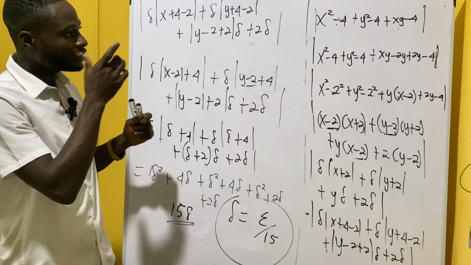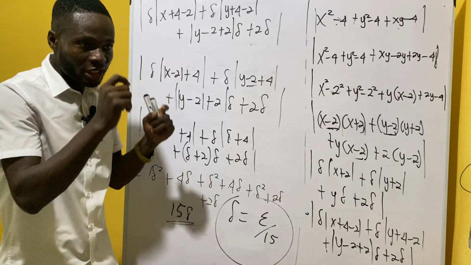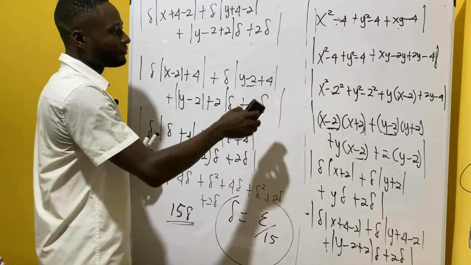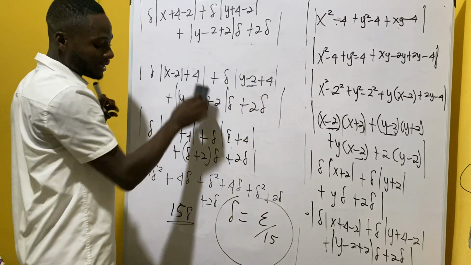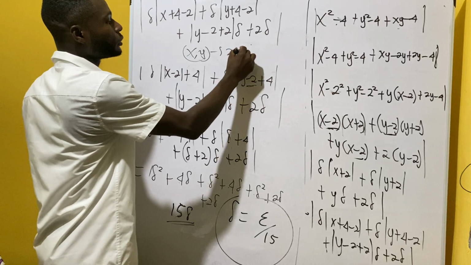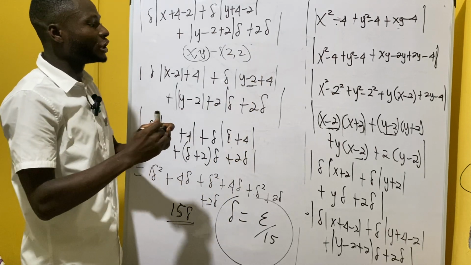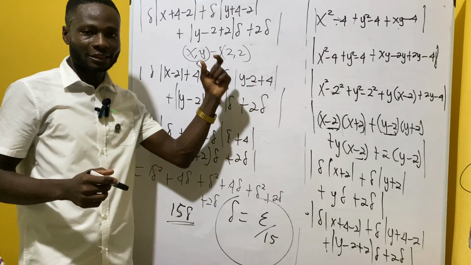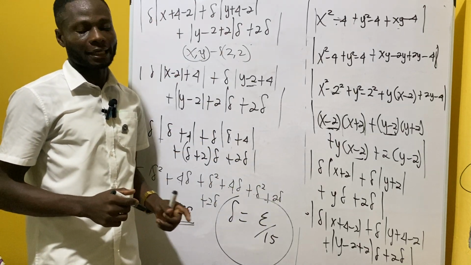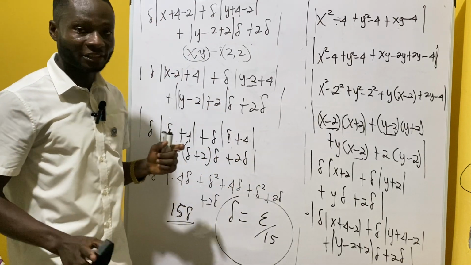Then you take your function, manipulate your function to have the function that you have been given. Make sure that whatever they give you, x approaching 2, 2, right? Manipulate it so that you can substitute the a and the b inside, right? So this right here is very simple.